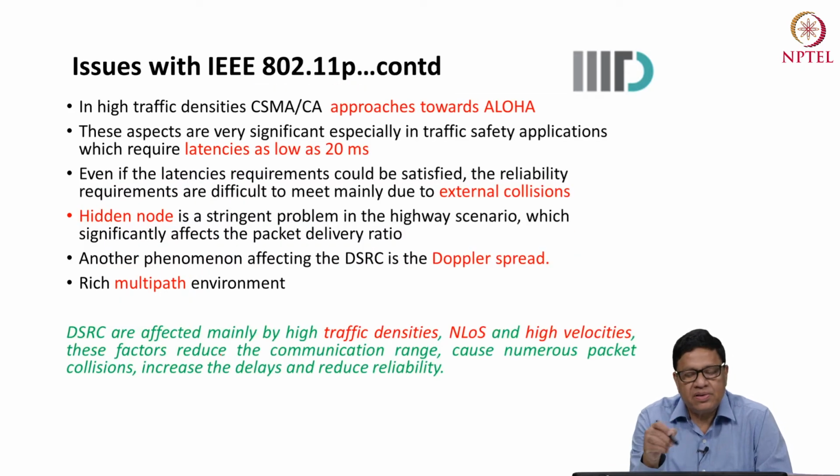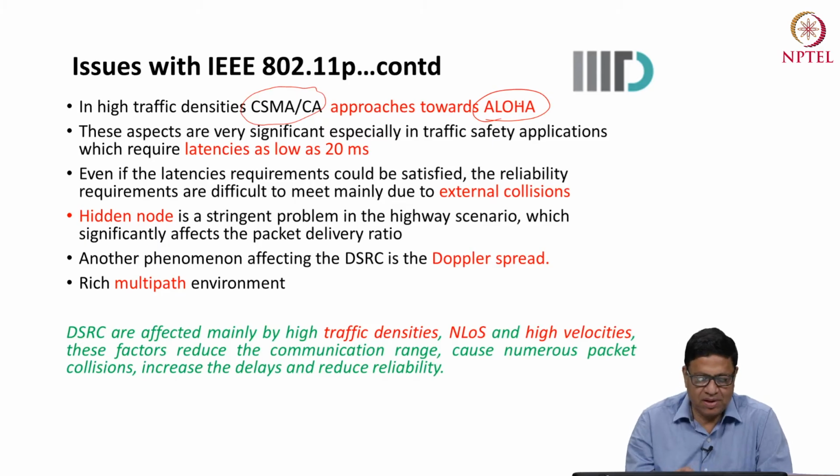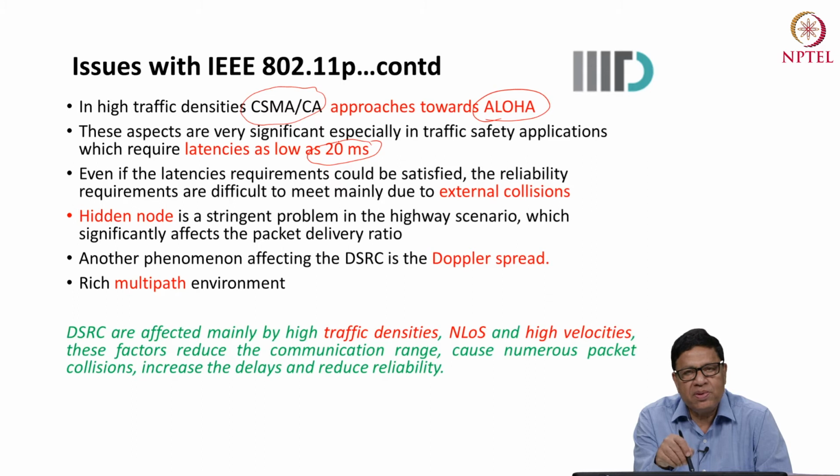It uses the CSMA-CA protocol, but when you have high traffic density, the efficiency of CSMA-CA gets reduced, and it reaches almost the efficiency of ALOHA, which is not an efficient protocol. And there will be issues because there are some services which require 20 millisecond latency, which cannot be met by DSRC.